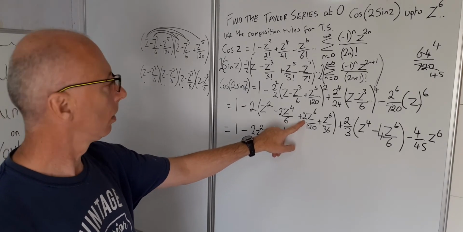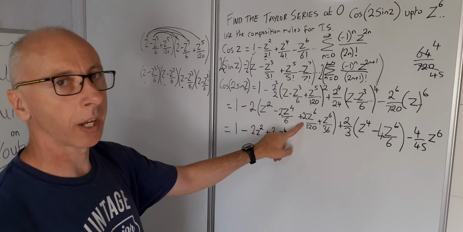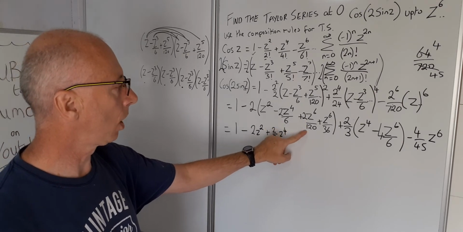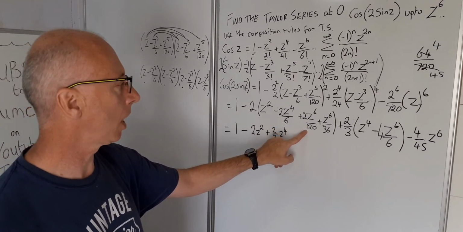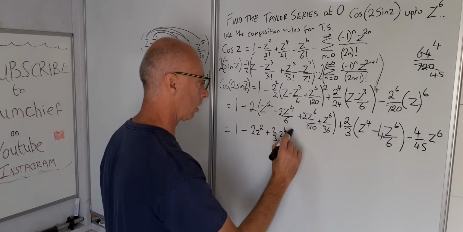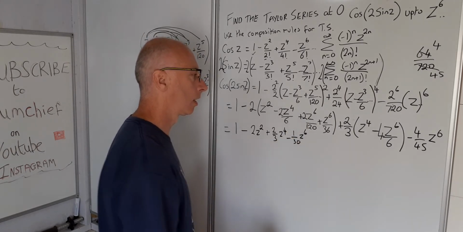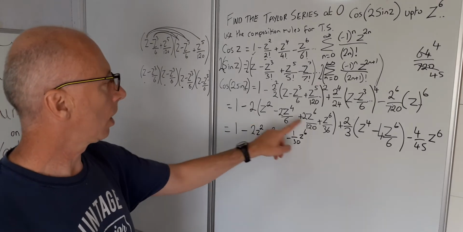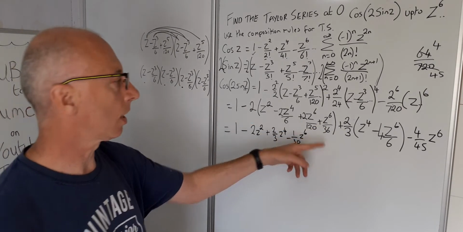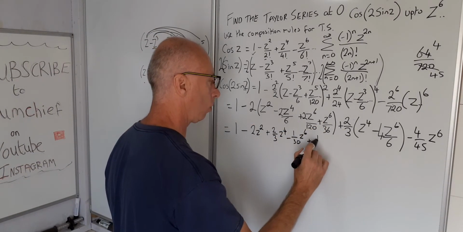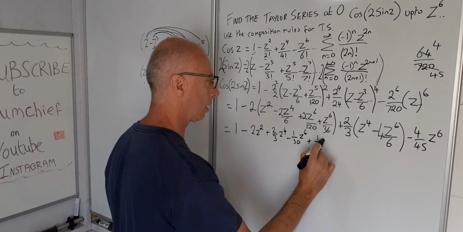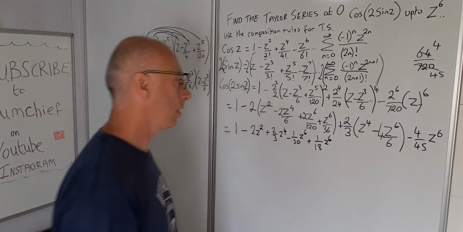This one here now, minus 2 times plus 2 is minus 4. Minus 4 over 120 is going to give us minus 1 over 30 z to the 6. And then 2 times z to the 6 over 36 is going to be plus 1 over 18 z to the 6.